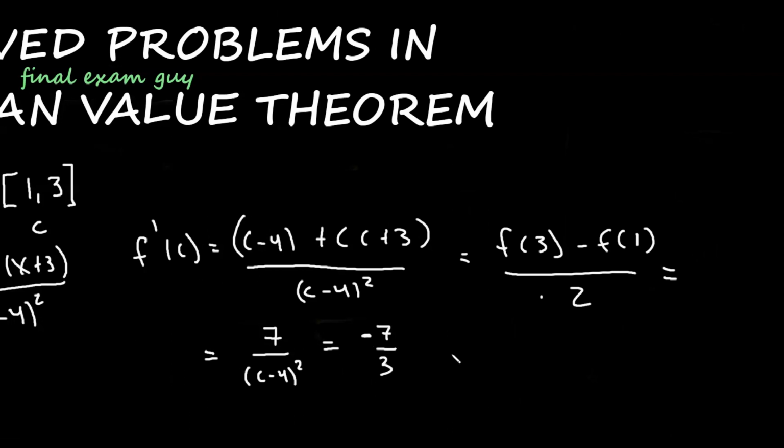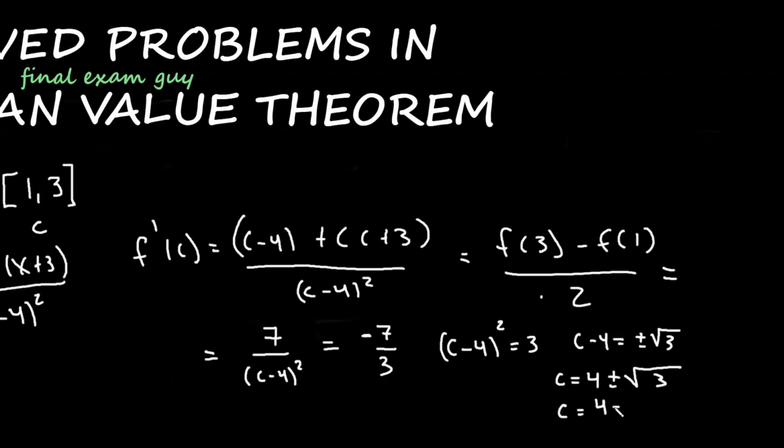So solving here, we get c minus 4 squared is equal to 3. c minus 4 is equal to plus or minus root 3. So c is equal to 4 plus or minus root 3. So the only good c you would take is 4 minus root 3, because that's the only one that lies in the interval 1, 3. The other one does not. So the mean value theorem works for the c over here.